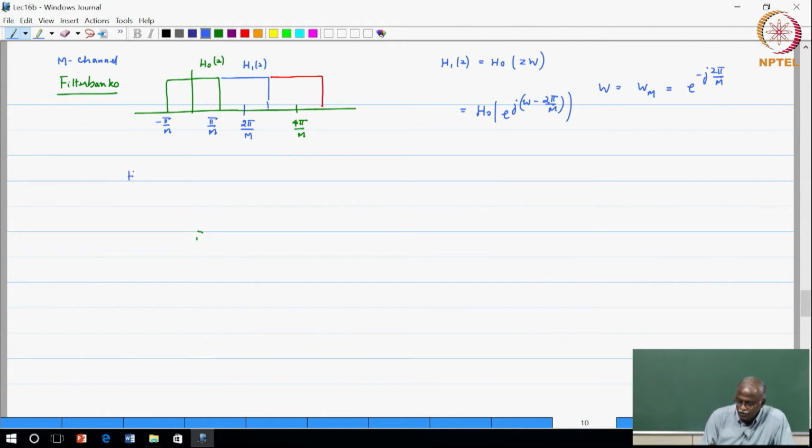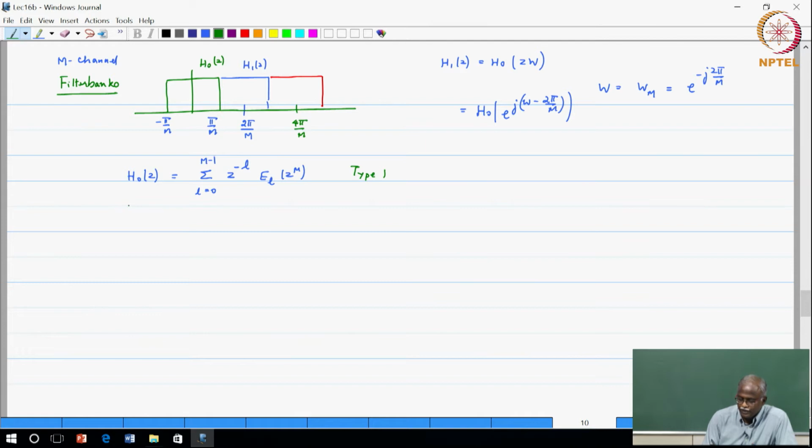So, H0 of z, if I were to write it as a polyphase decomposition, type 1 polyphase decomposition, then this can be written as summation L equal to 0 to M minus 1, z to the power minus L, E_L of z^M. This is type 1 polyphase decomposition. We are now quite familiar with this. We are just going to look at this expression.